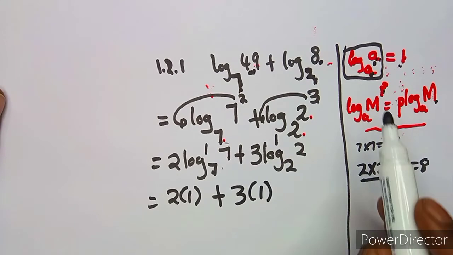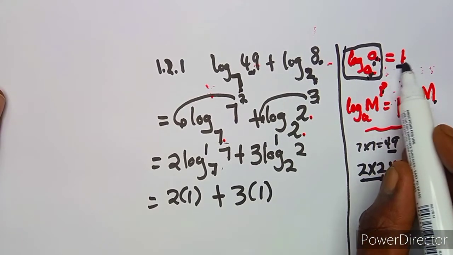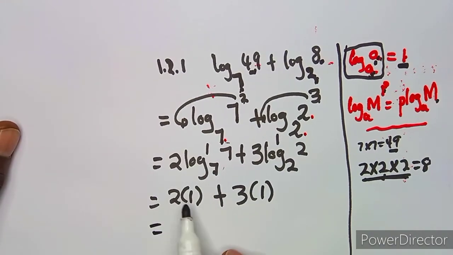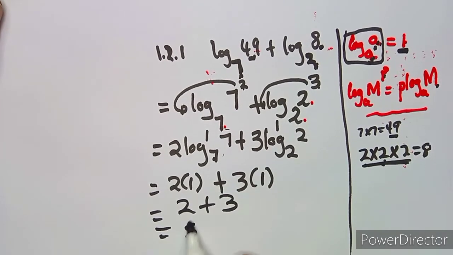So it's 3 times 1, because we said log of a number in base of that number is equal to 1, not log 1, but a 1 which is a number without a log. So now you're going to have 2 plus 3, which is 5. That is what you're going to have at the end.